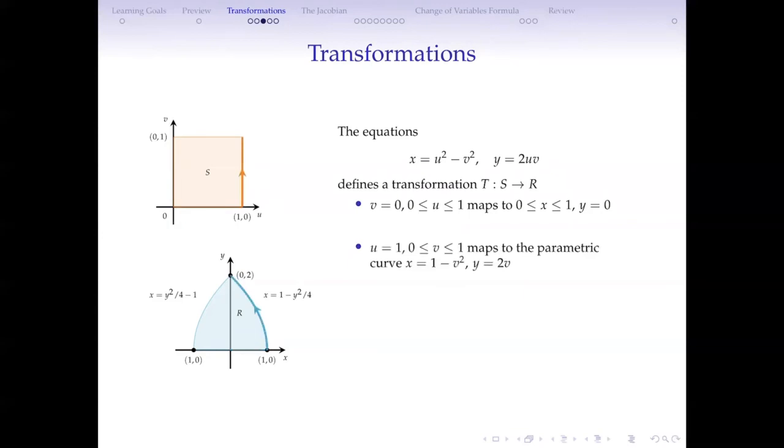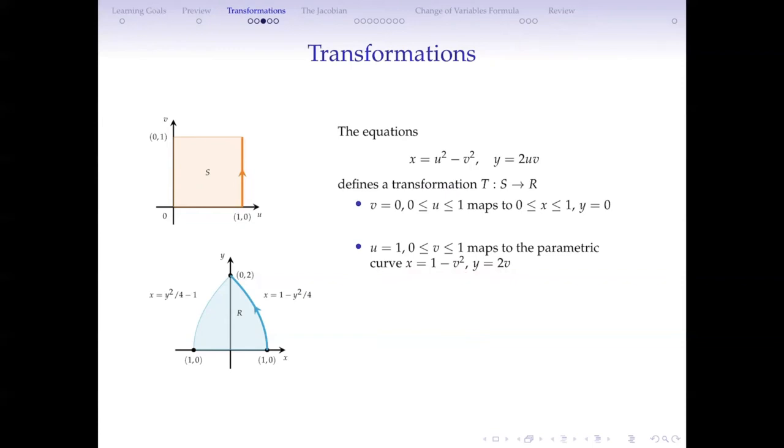What happens next as I fix u at 1 and I move up along the square from v equals 0 to v equals 1? Then you can work out what the formulas are. If u is 1 and v goes from 0 to 1, then this side is mapped into a parametric curve, right? v is a parameter. What that parametric curve is, you can work it out.